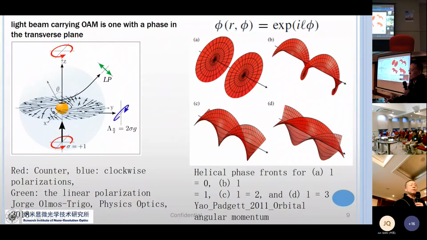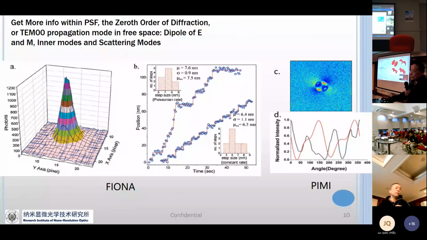The photon state density concentrated here is totally different from the density of states here, and as it propagates, you generate other states, but you maintain this dipole state. That's what we try to project onto the image plane.